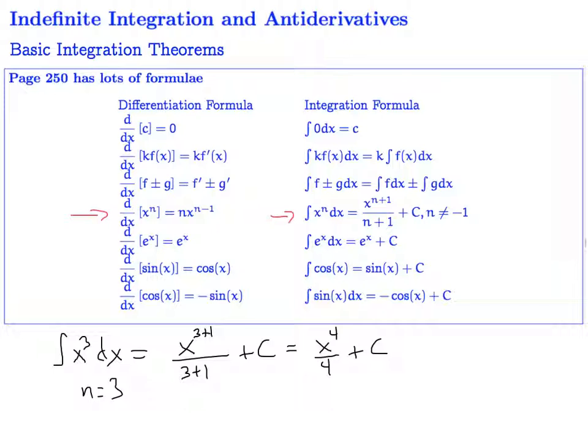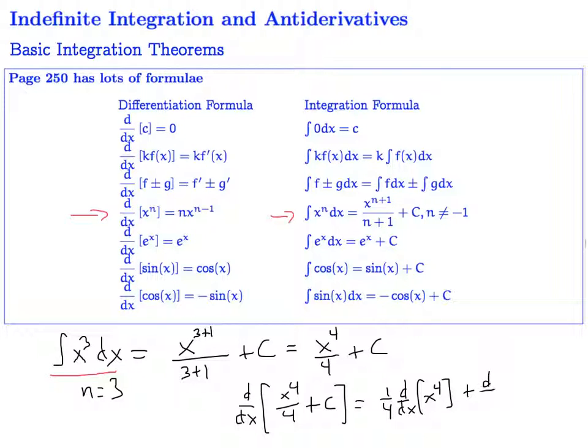Now the reason this works is because remember that this over here means I need to find the function whose derivative is x cubed. So let's check this. If I take the derivative of x to the 4th over 4 plus c, let's see what I get. I can break this up into two pieces: 1/4 the derivative of x to the fourth plus the derivative of a constant.